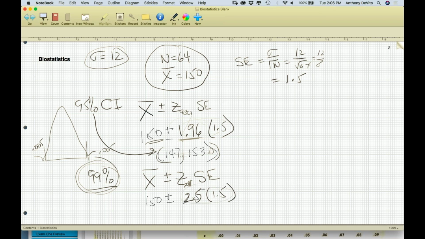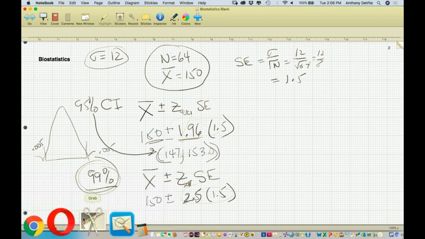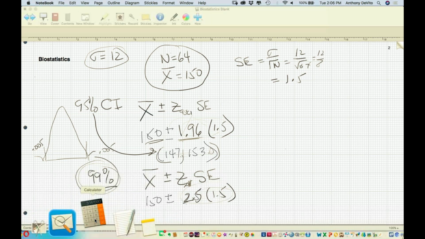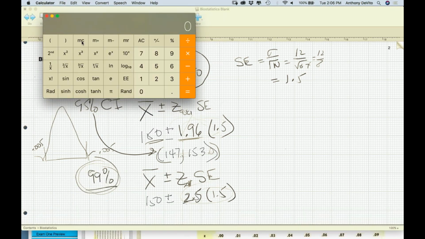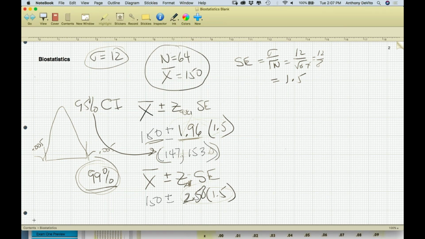So this is going to be a bigger number. So when I add and subtract that from my sample mean, okay, 2.58 times 1.5. I want to keep you guys on the right track here. 2.58.